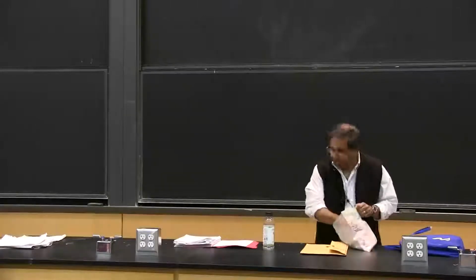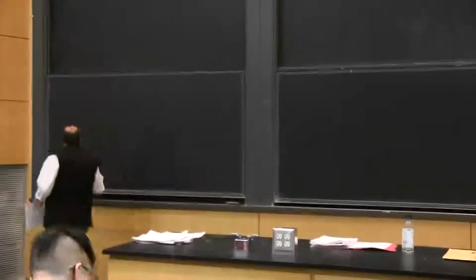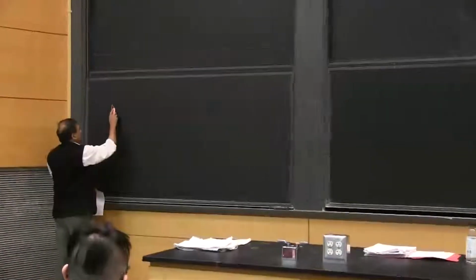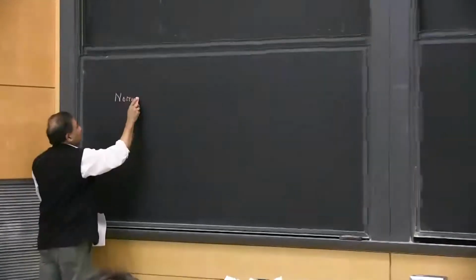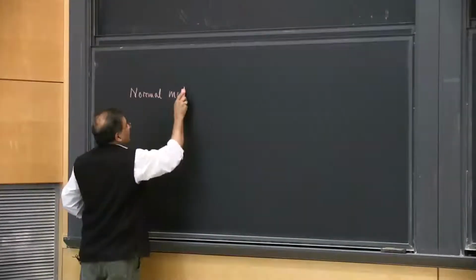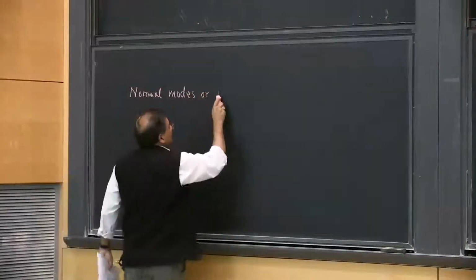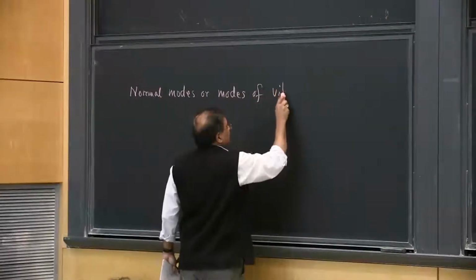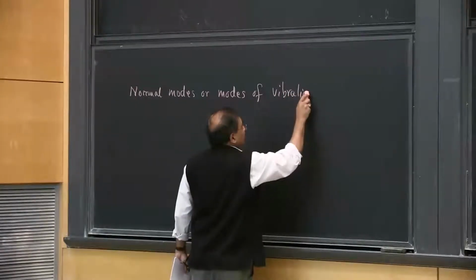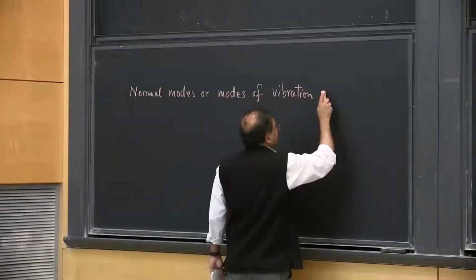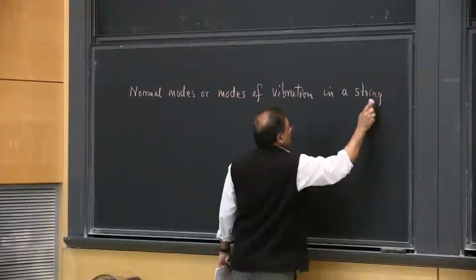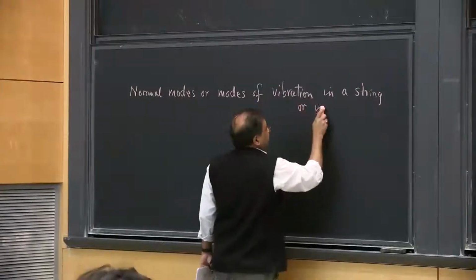Now, a couple of easy things. Oftentimes you are asked, for example, to find out the normal modes or the modes of vibration in a string, let's say, or in a pipe.